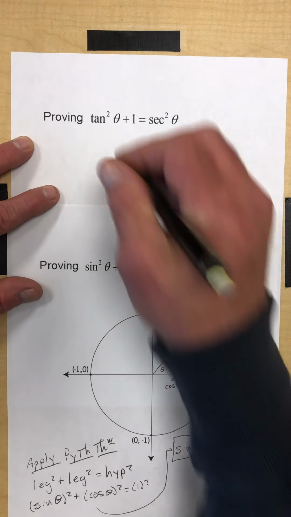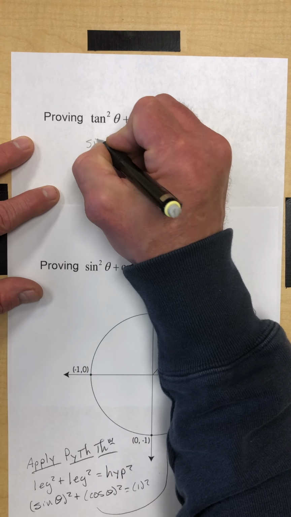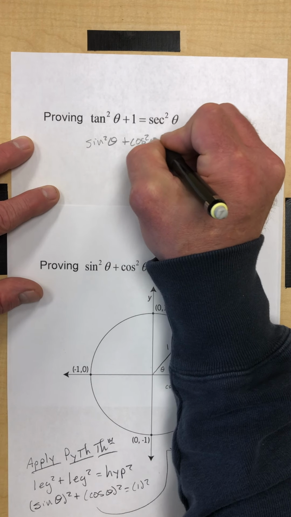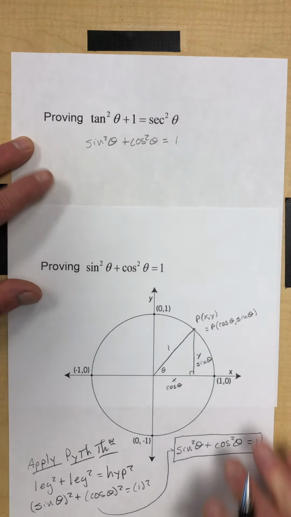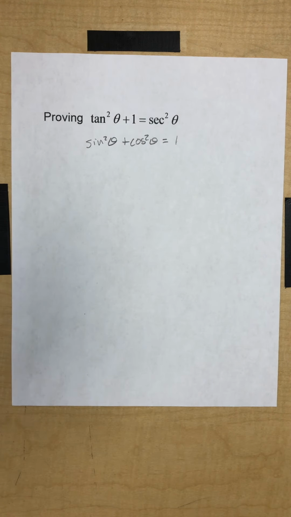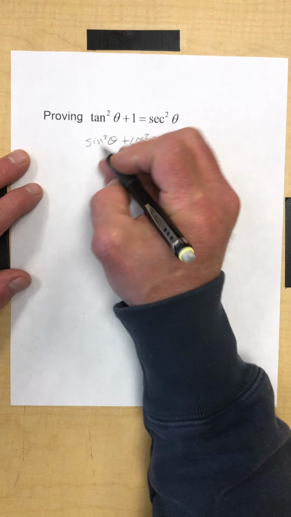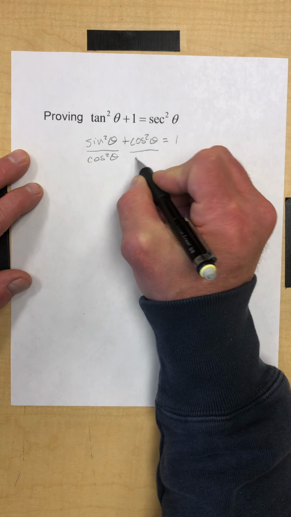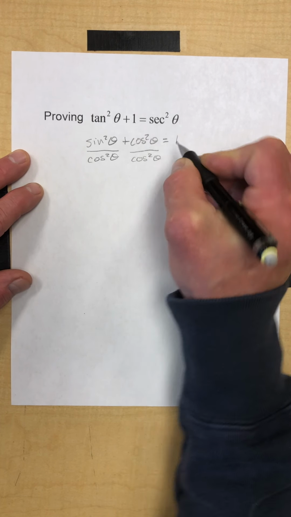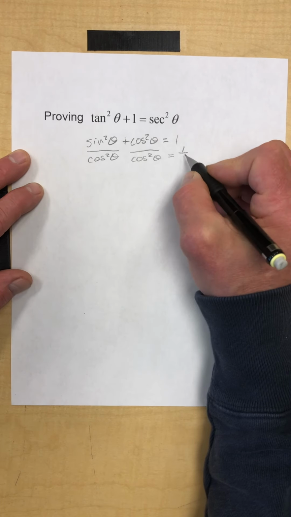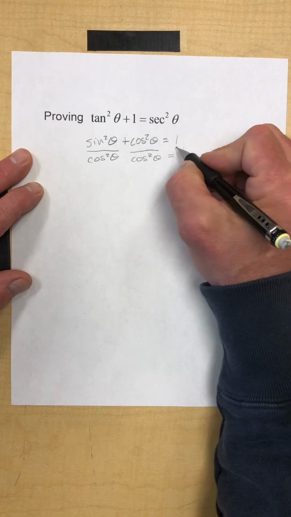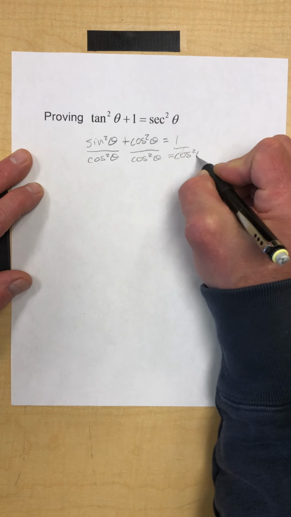So if I take sine squared theta plus cosine squared theta equal to 1, I'm pretty sure for this one I would have to divide everything by cosine squared. If I divide by cosine squared theta, the right side becomes 1 over cosine squared theta.